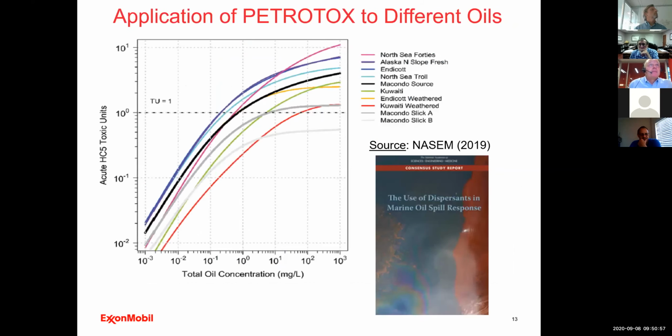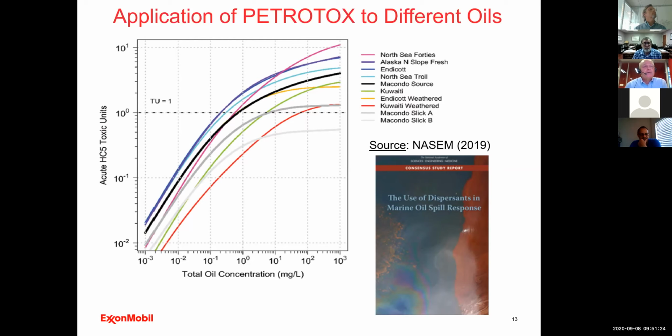Okay. And a really neat recent application of Petrotox is found in the NASEM, the National Academies of Sciences, Engineering, and Medicine Dispersant report from 2019. I've taken this plot from that report. So on the y-axis is the acute toxic units for a sensitive organism, and on the x-axis is total oil concentration.